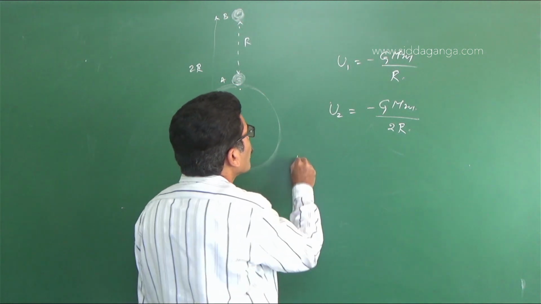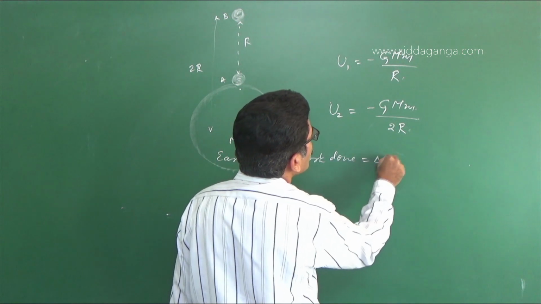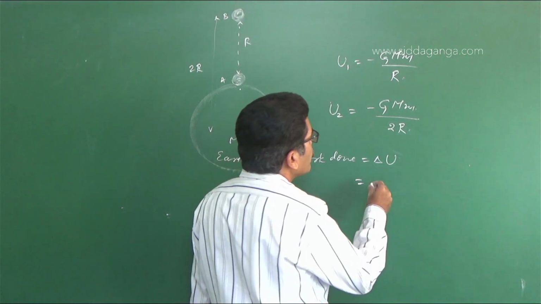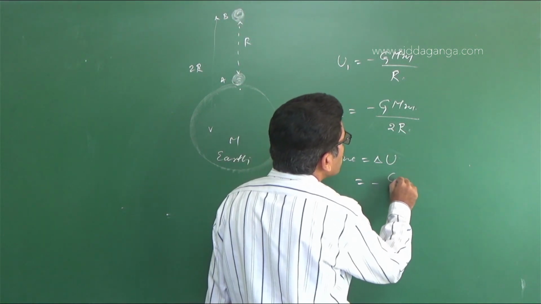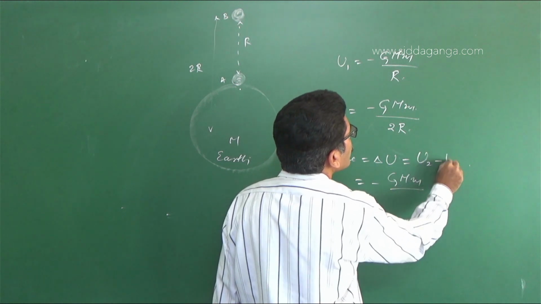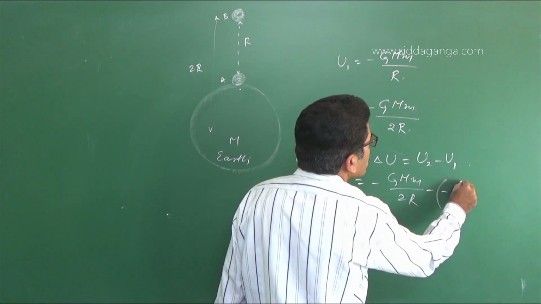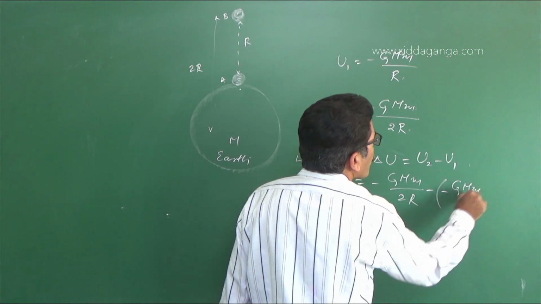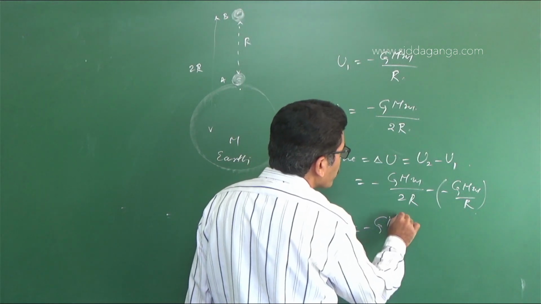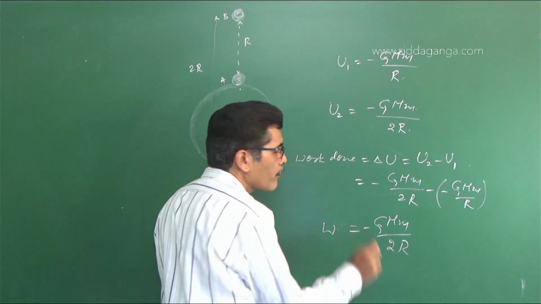Therefore, work done is equal to delta U, which is U2 minus U1, that is, minus GMm by 2R minus of minus GMm by R. So you are going to get GMm by 2R. This is the work done.